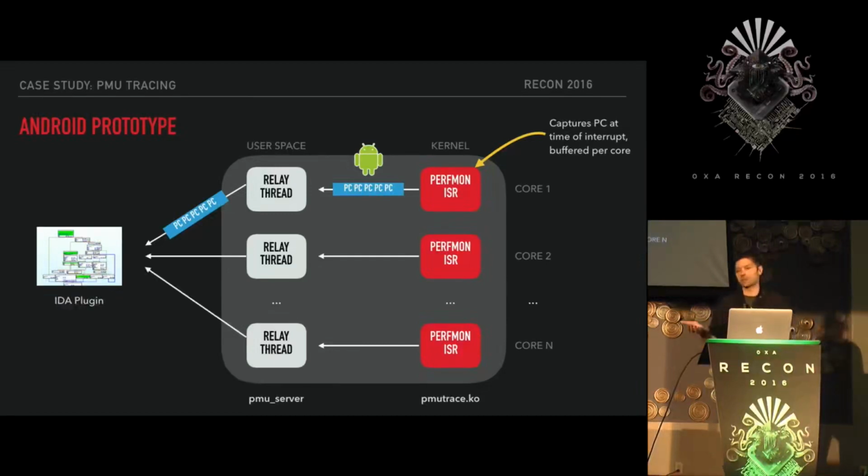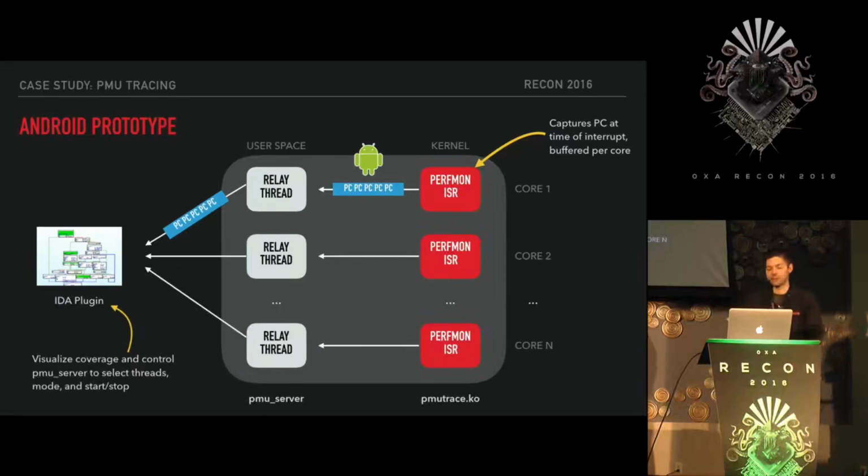I use the Linux relay file system to pipe that to user space, and then it gets sent over to IDA. We can use IDA for visualizing our coverage, as well as controlling the daemon in terms of which threads we want it to monitor, starting and stopping, and some other features I'll show in a minute.